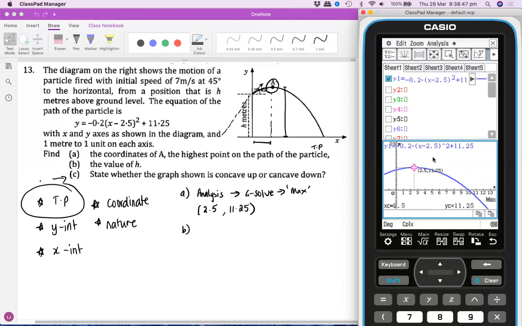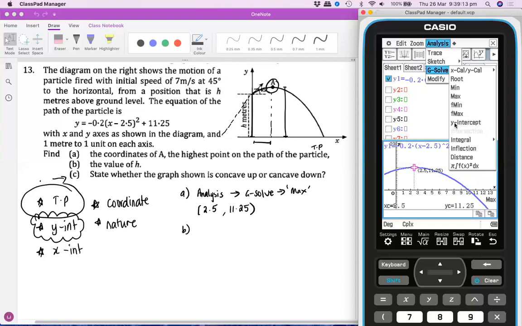Let's look at value h. Value h here is this height here. This height can be represented by, you guessed it, the y-intercept. So instead of just figuring out what h means, I'm going to know that it's the y-intercept, and I'm going to use the graphing abilities on my Classpad to find that value. So I'm going to go analysis, G-solve, and you see here there's a y-intercept button.